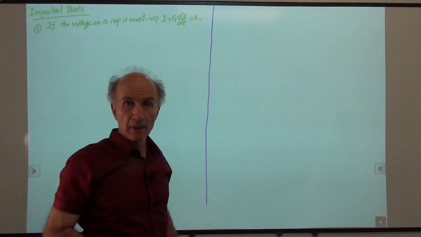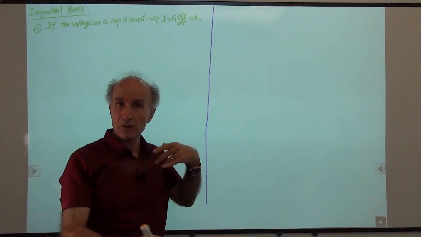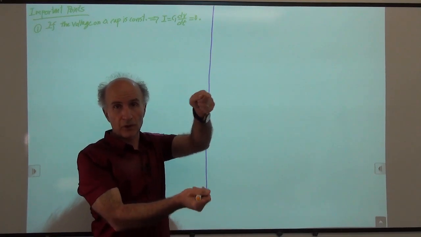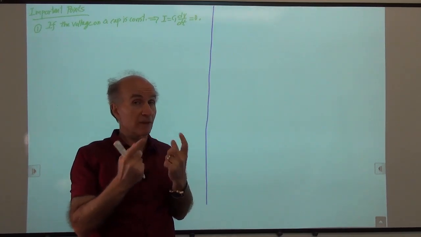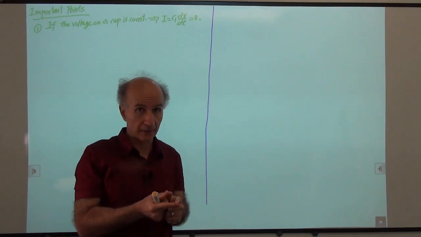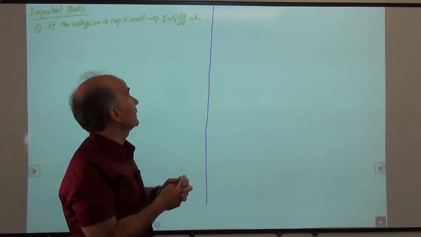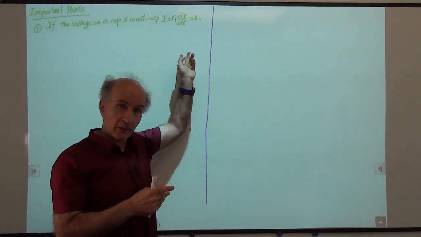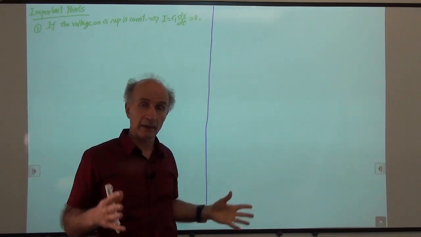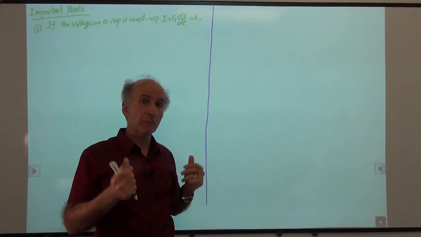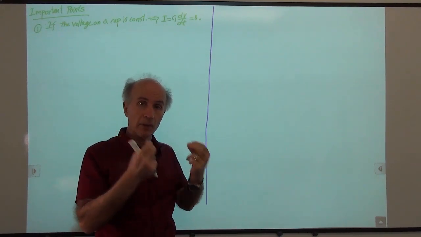All right? So if in some situation, in some circuit, we see that the voltage on the cap is constant, the current through it is 0. The voltage doesn't have to be 0. The voltage just has to be constant. So that's something that we have to remember. It looks trivial by looking at this equation, but when you enter circuits and there are lots of things flying around, you just have to remember all these principles so that you can apply them readily.